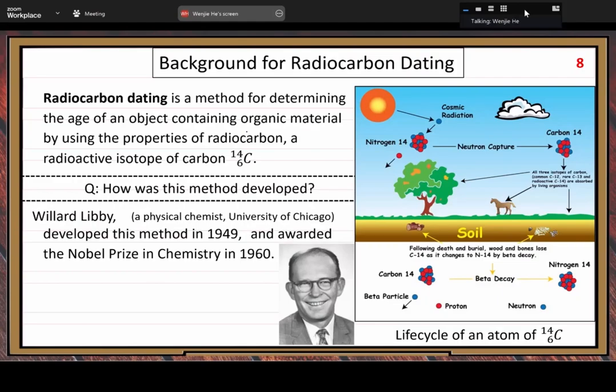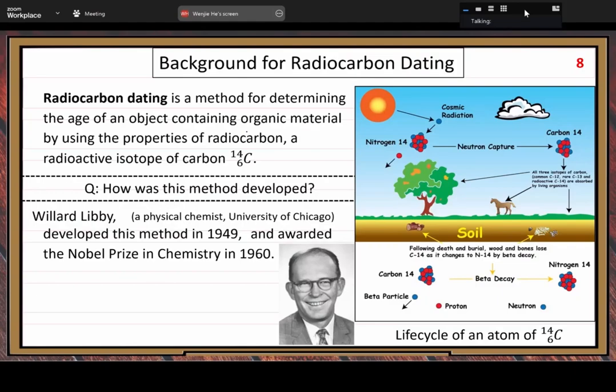The object has a period as a living organism: a tree, a horse, a human. So we start with the living stage, because when those organisms are living, there is an environment around them: the sun, recycling.